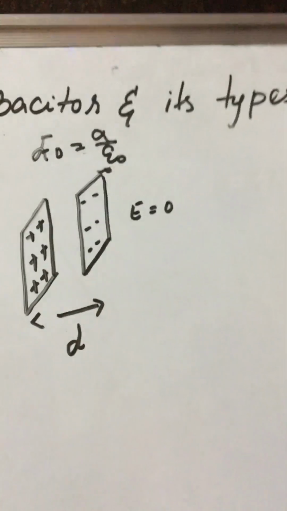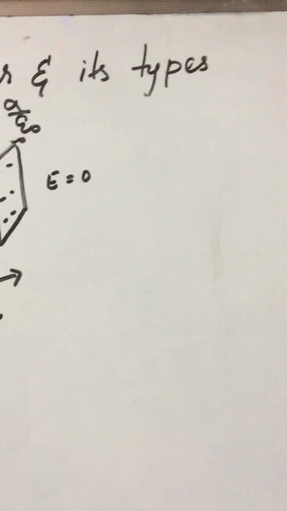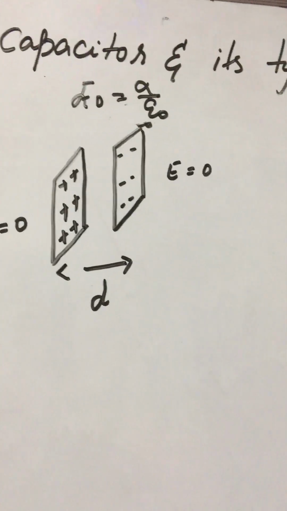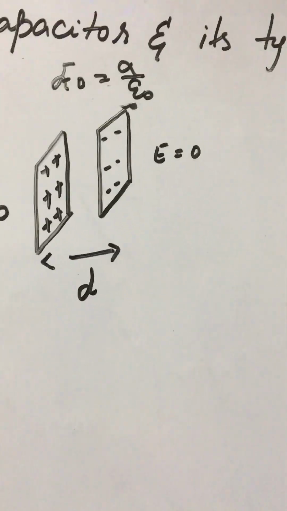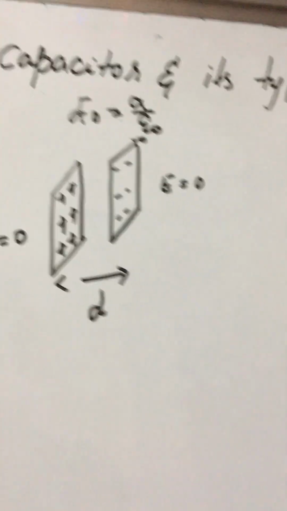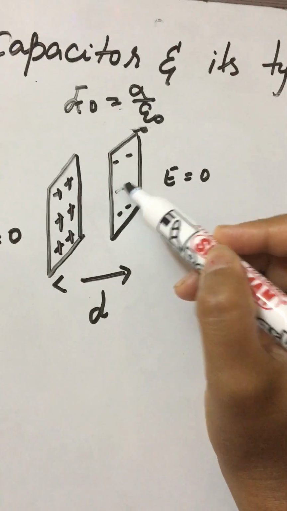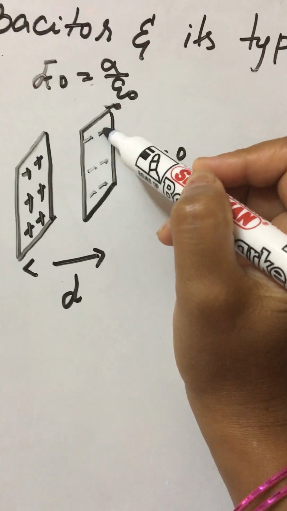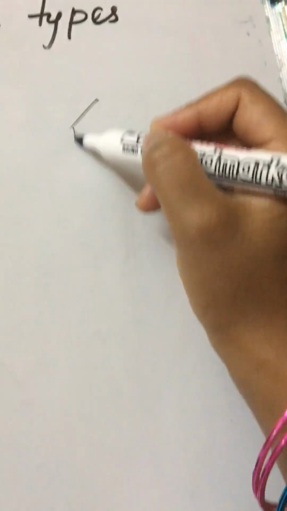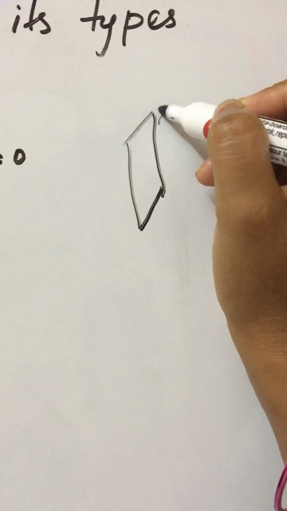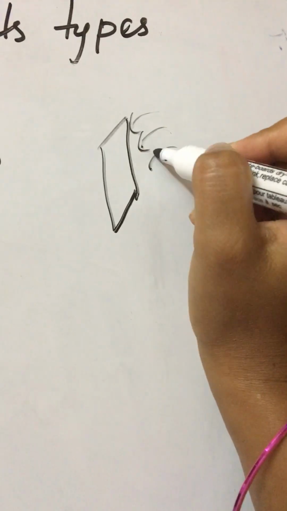All right, now what about the capacitance? See, what happens is that, theoretically, the presence of negative will reduce the potential. Suppose there is a conductor, a single plate only, and you are putting charges on it.